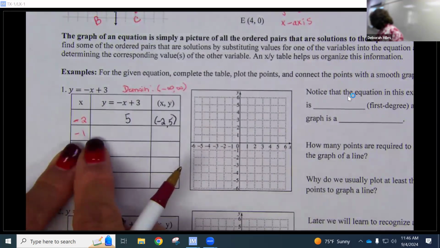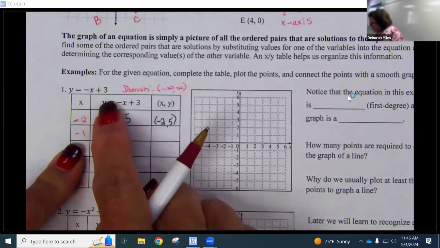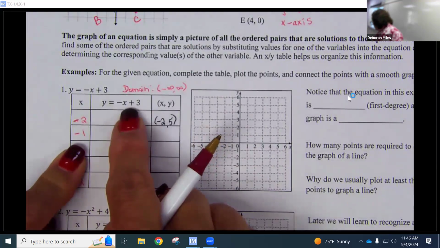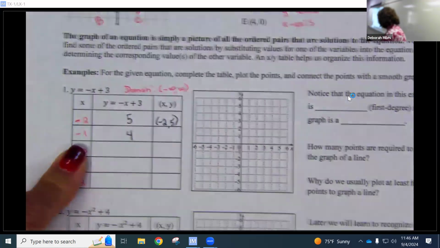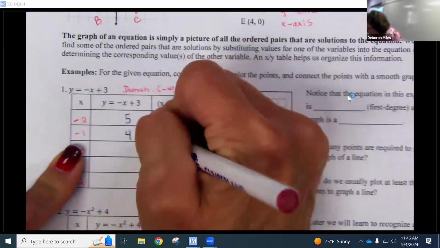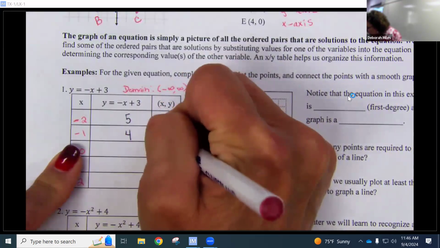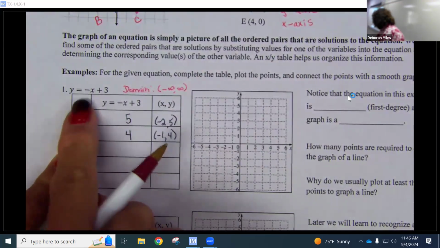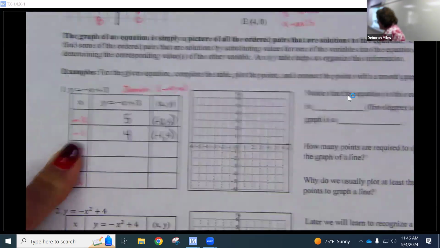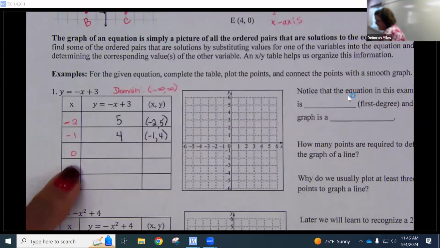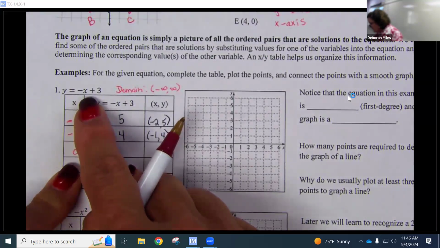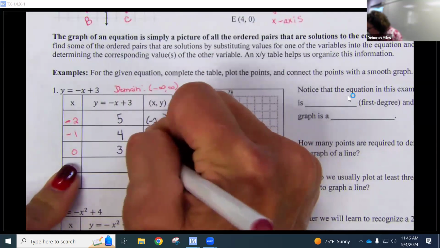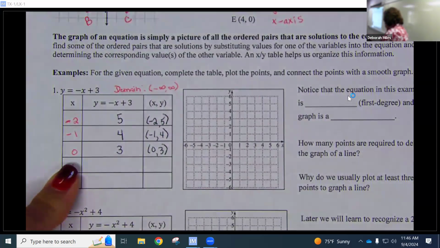If I let x be -1, then the opposite of -1 is +1, and +1 plus 3 is 4. That means -1, 4 is a solution to that equation, and it's a point on the graph. Let x be 0. -0 is the same as +0, and 0 plus 3 is 3. So 0, 3 is a point on the graph.